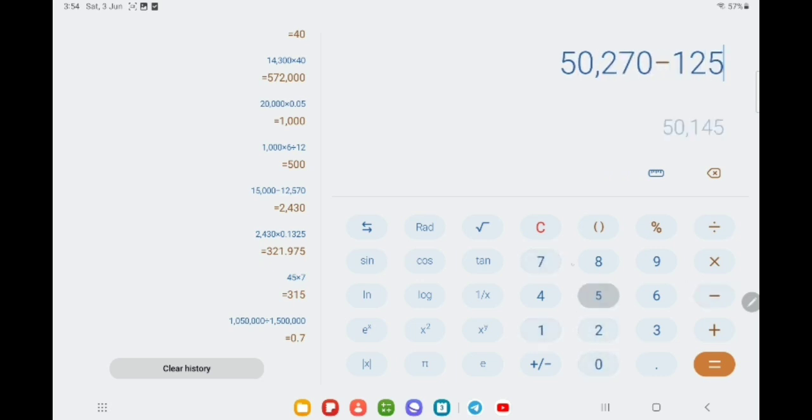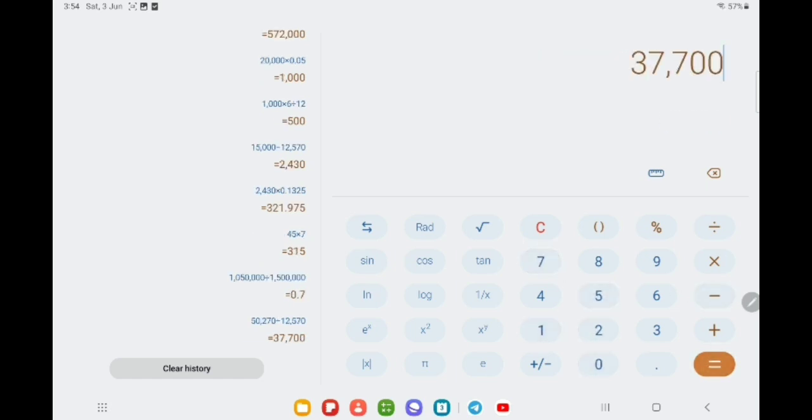50,270 minus 12,570, and 10.25% of this is 3,864.